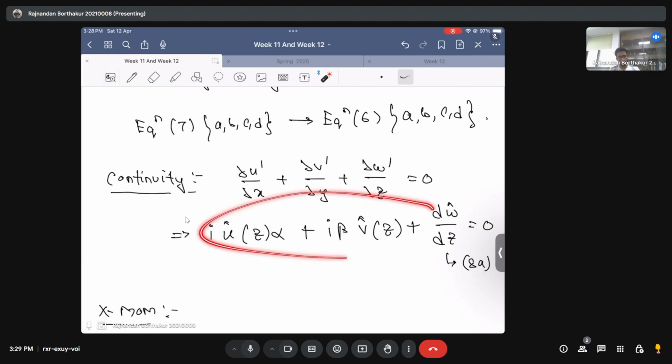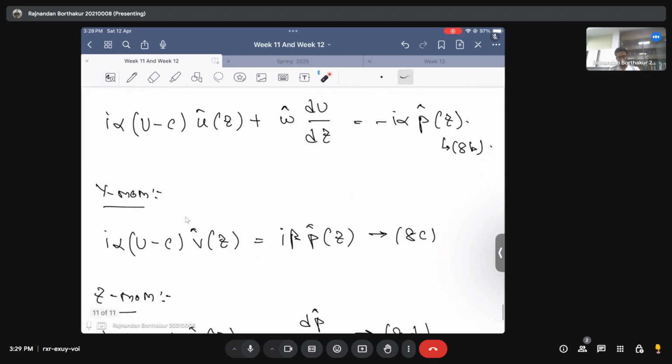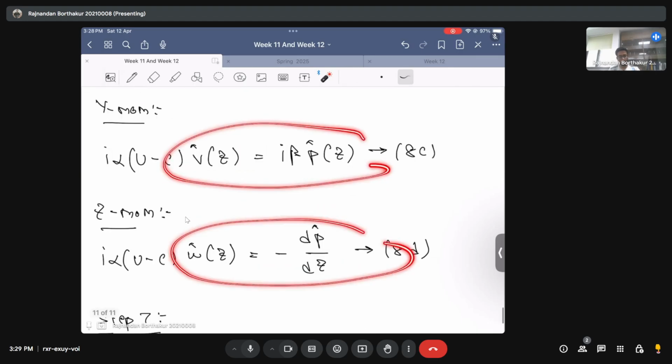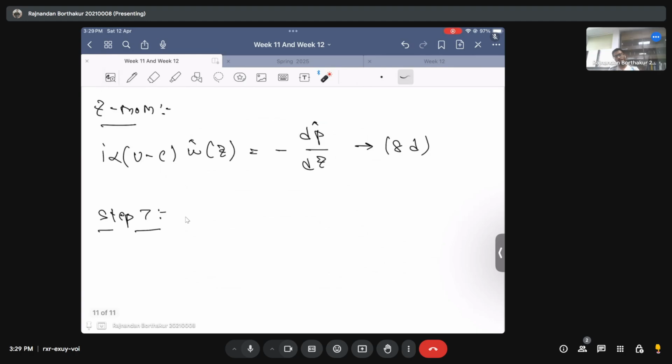For instance, this is an ODE, this is also an ODE, and this is a linear ODE, as I said. And of course these are also ODEs, which you can verify very nicely. Okay, so that is what we get when we substitute the normal modes into the governing equations. I hope you can appreciate that.